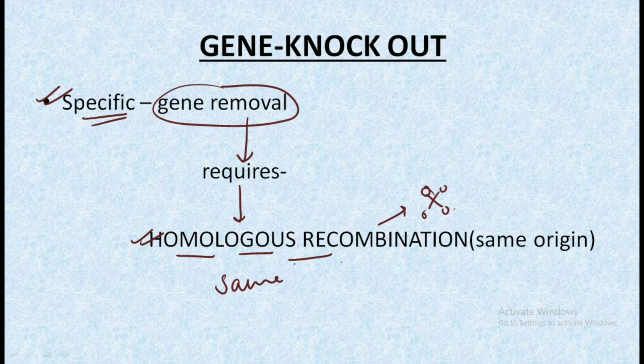So the gene knockout requires specific homologous recombination of genes that have the same origin. The genes that we need to remove from the cassette are required to be homologous in nature. They should have the same origin.